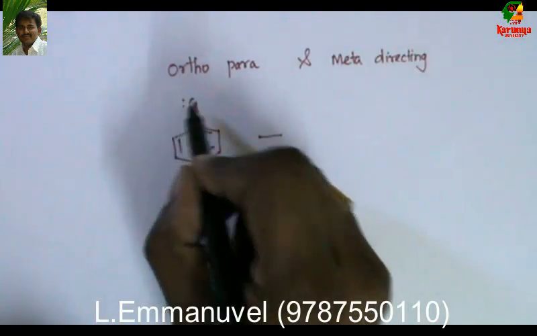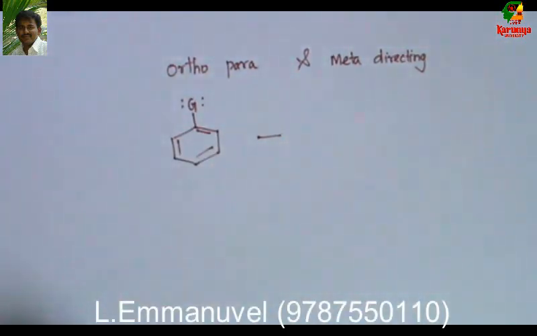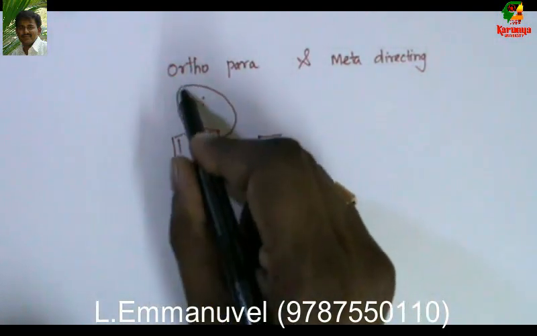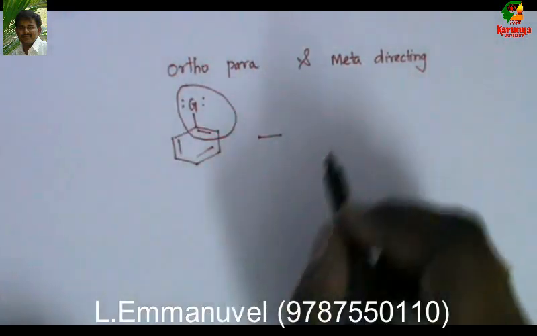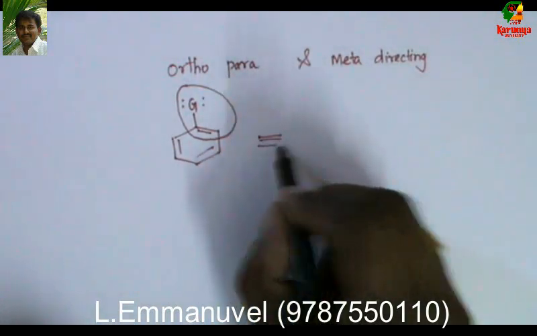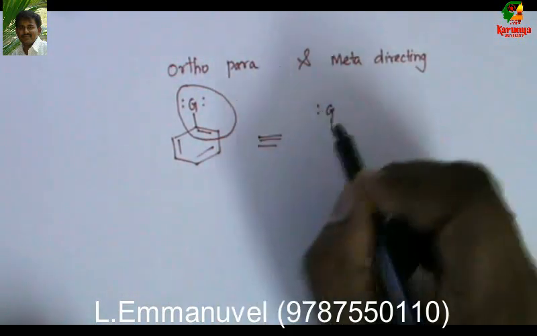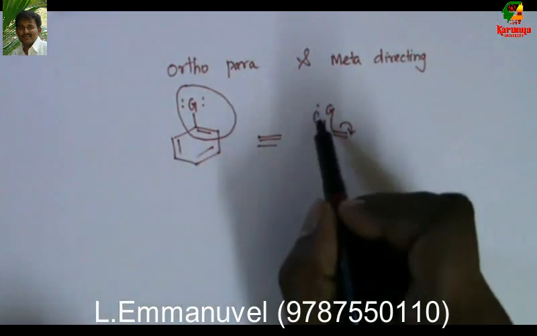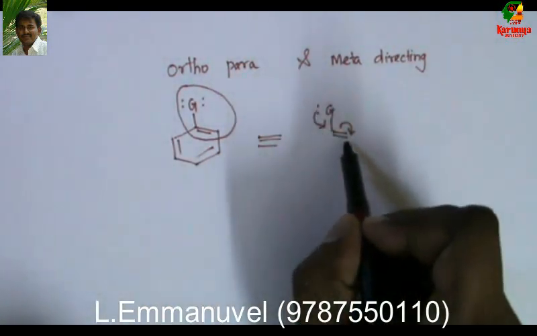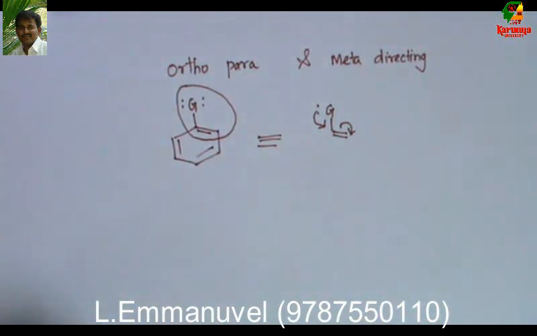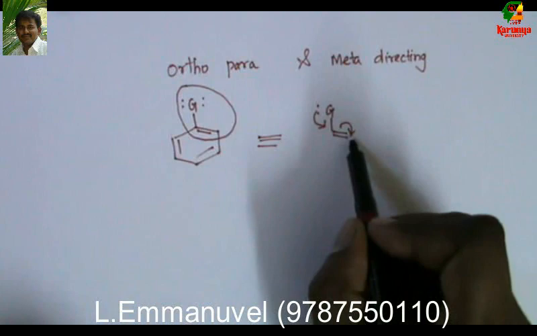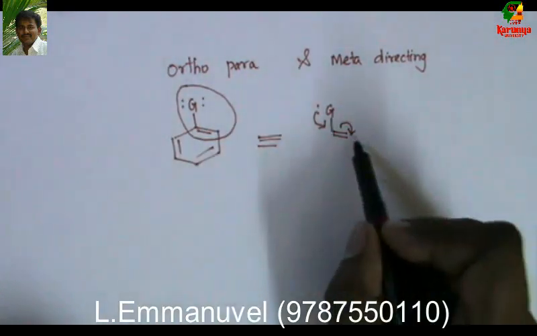If there is a lone pair of electron, maybe 1 or 2, even 3, then this particular portion is equivalent to this, now this can be involved in resonance. So the electron from the group is going into the double bond. So it is increasing the electron density on this carbon. So this is the ortho position here.